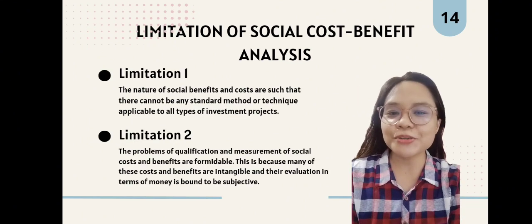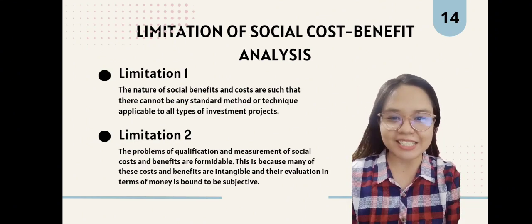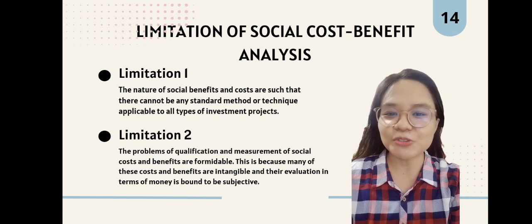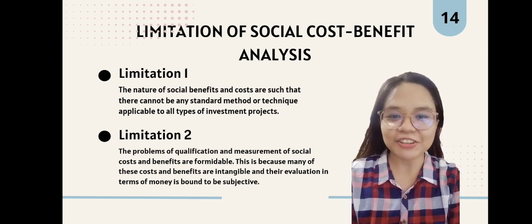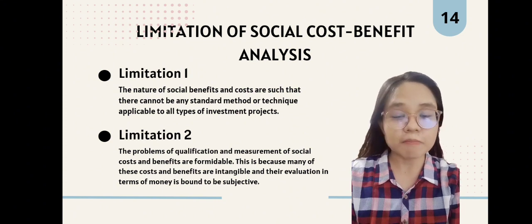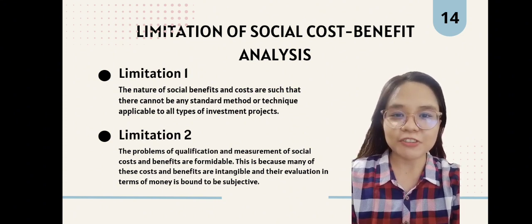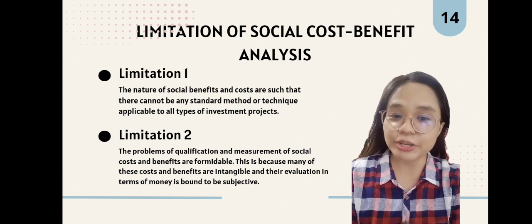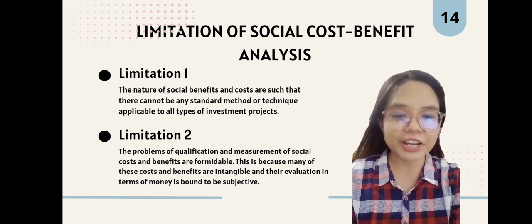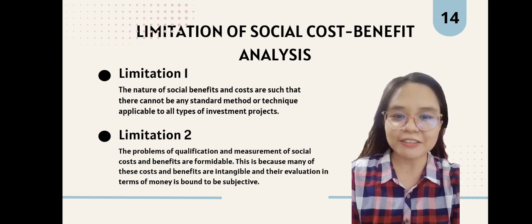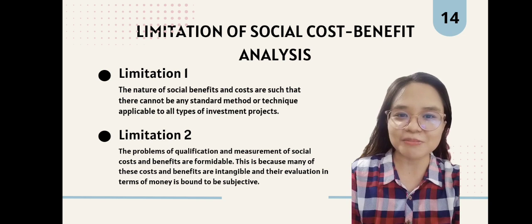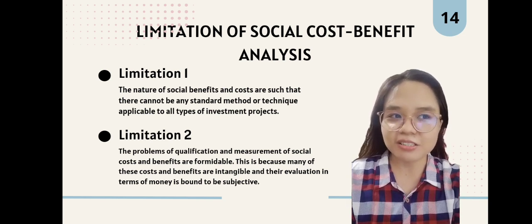The limitations of social cost benefit analysis. The nature of social benefits and costs is such that there cannot be any standard method or technique applicable to all types of investment projects. A bridge, a road, a housing colony, or an industrial project will each require a different approach in identifying and measuring its social costs and benefits.